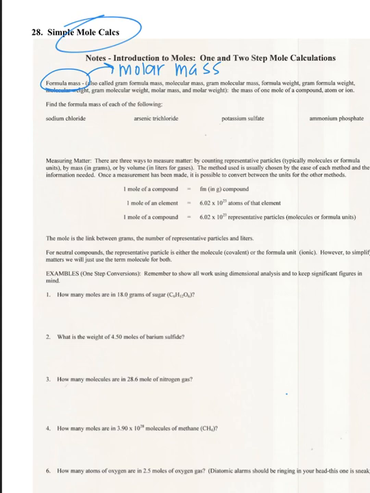So what do we have? We have gram formula mass, molecular mass, gram molecular mass, formula weight, gram formula weight, molecular weight, gram molecular weight, molar mass, that's what we call it, and molar weight. Okay, so that's the mass of 1 mole of a compound, atom, or ion.